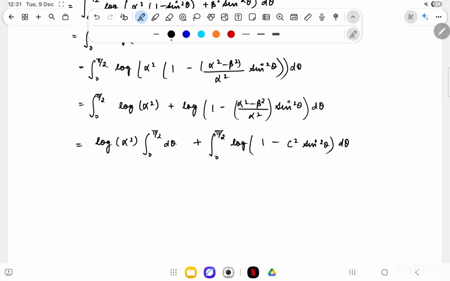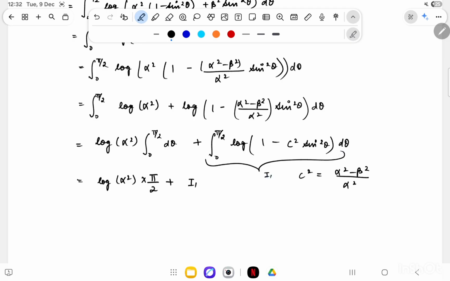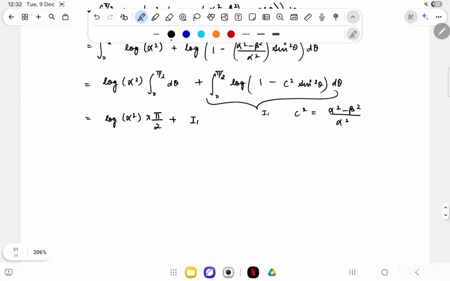So what I have done is I have assumed c square as alpha square minus beta square by alpha square. Now this term will be log of alpha square times pi by 2 plus, let's name this integration as I1. So now we are supposed to evaluate I1.